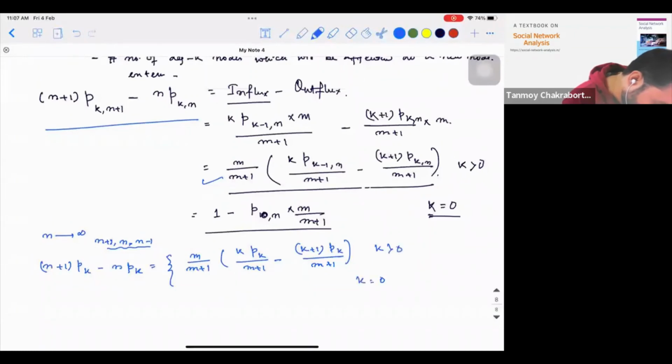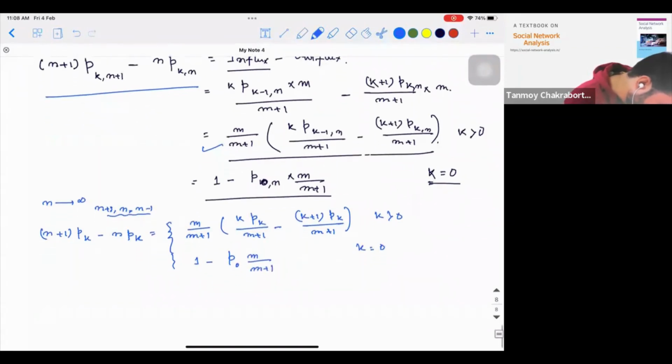When k equals 0, this would be (1 minus p0) m by m plus 1.